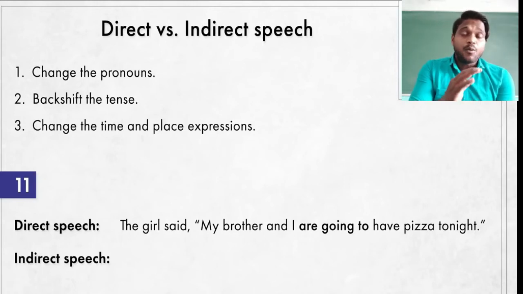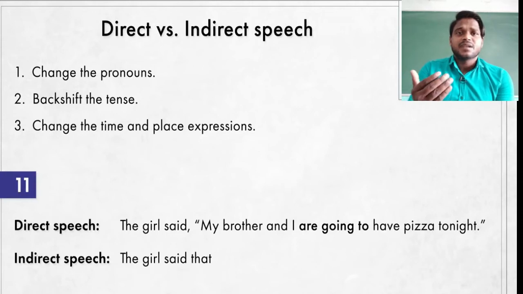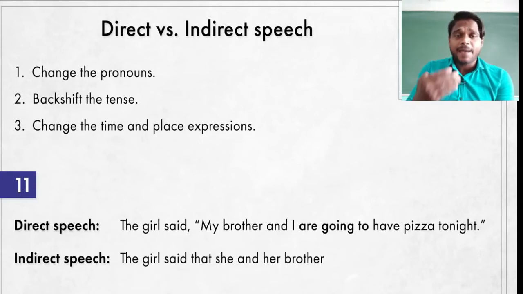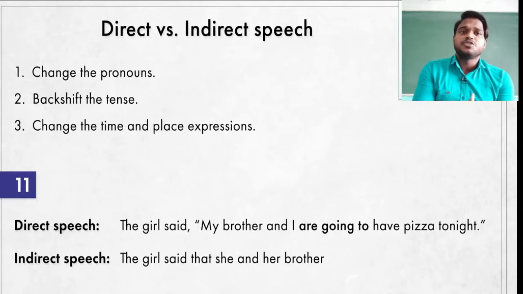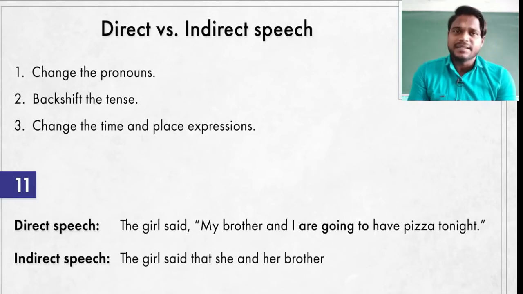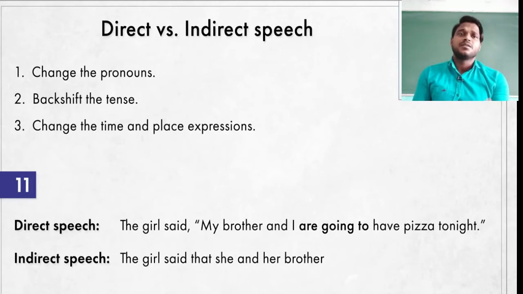Now what is remaining in the sentence? "Are going to" becomes "were going", and if we had am or is, then we would change that to "was going" also. Okay, so we can use any of them according to the suitability of the sentence. Tonight becomes "that night" also. So the girl said that she and her brother were going to have pizza that night.